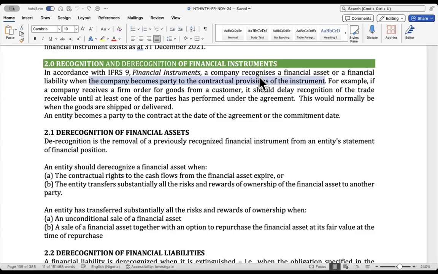That is when you can recognize or record a financial asset or a financial liability in your books, when you become a party to the contract.